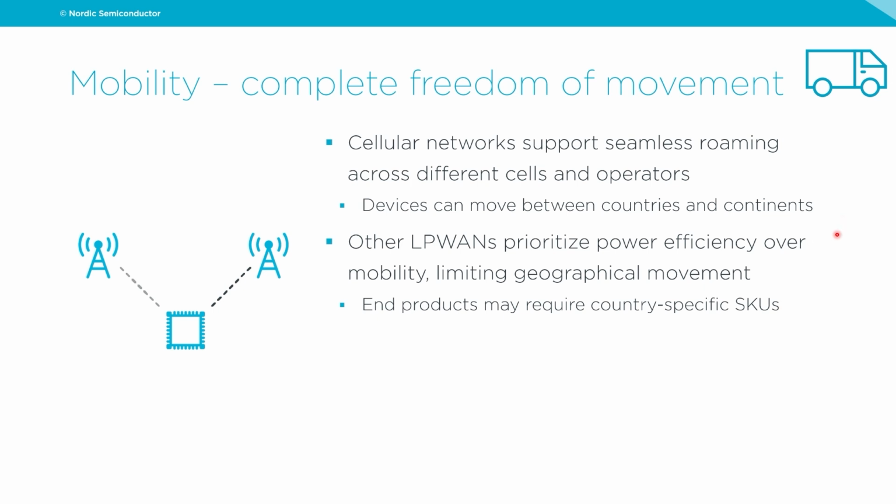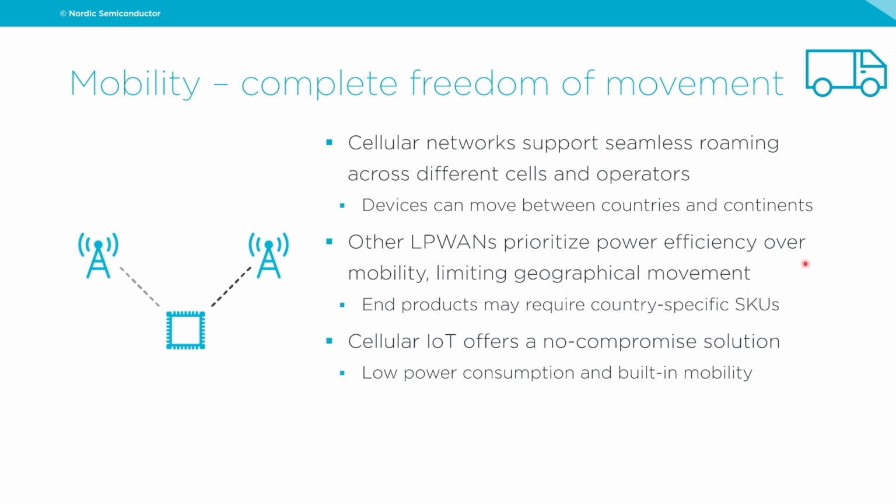What that might mean for your end product is that if you want to sell it in different countries, some LPWANs do have what you could call an operator, but you won't find operators that operate in multiple countries, so that you have this sort of seamless mobility. So what might happen is that you have to manufacture products which are specific to certain countries, which gives you a long list of SKUs, and it makes your whole logistics operation a little bit more convoluted than what it would need to be.